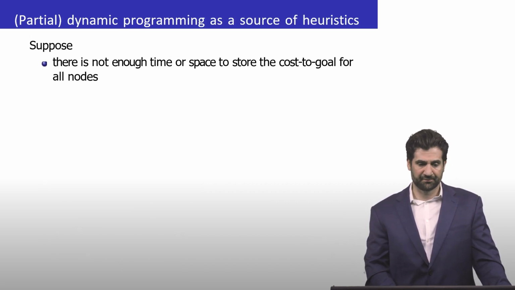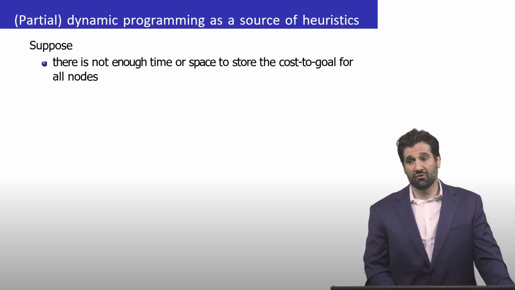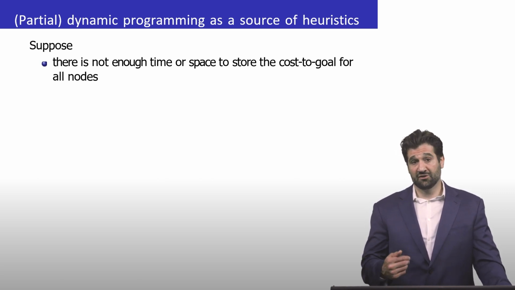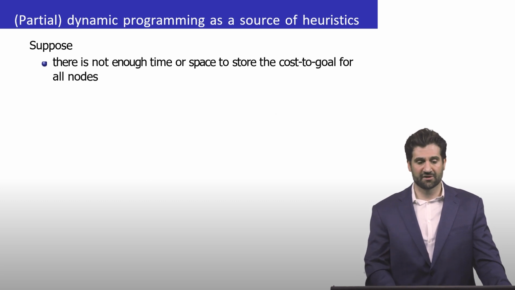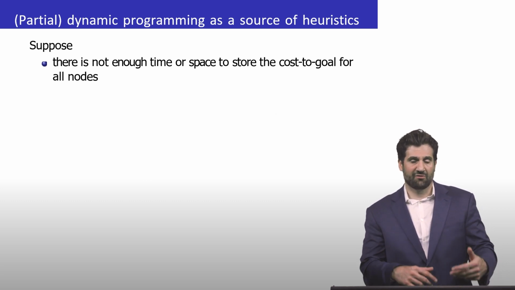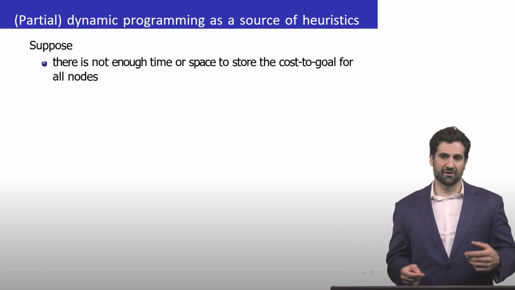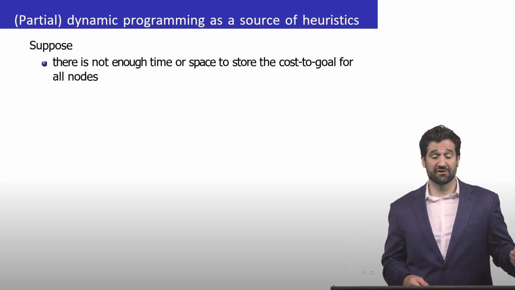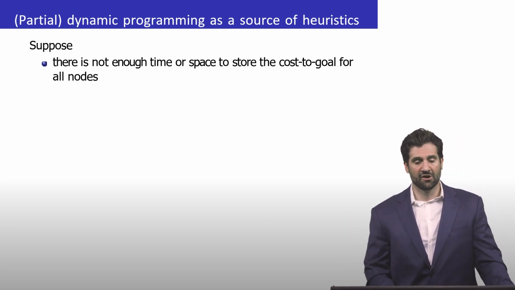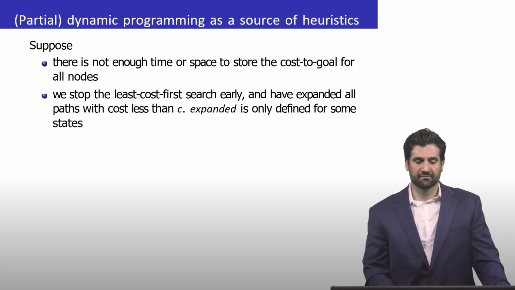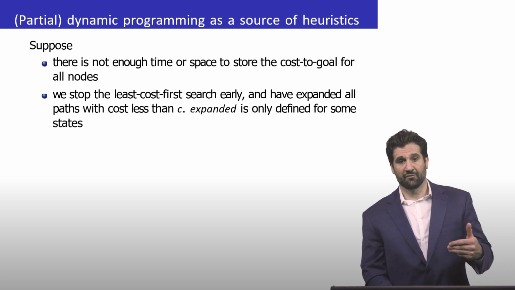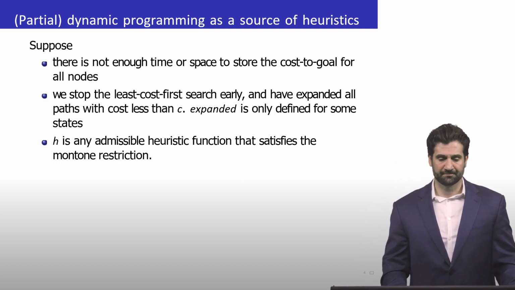In that way, we can use dynamic programming as a source of a heuristic. Because if the graph is very large and the start node is beyond just a couple hops away from the goal, we can't store everything. So we're only going to use this expanded function for some of the states.